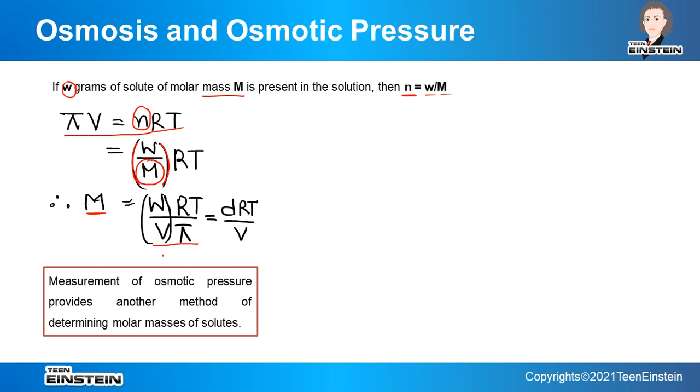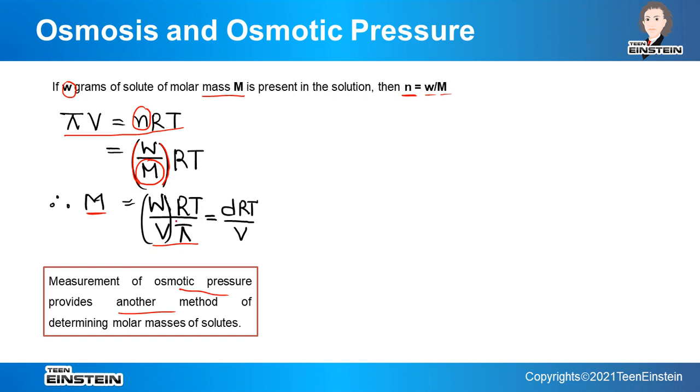Now W by V is also density, because density is mass by volume, so we can also write dRT by pi. So measurement of osmotic pressure provides us a method for determination of molar masses of the solute.